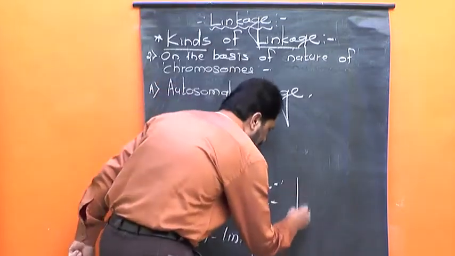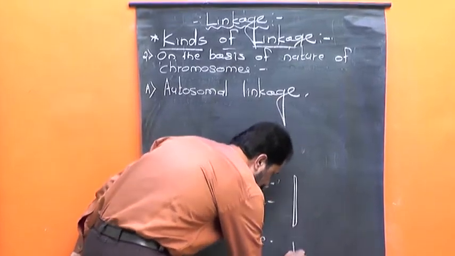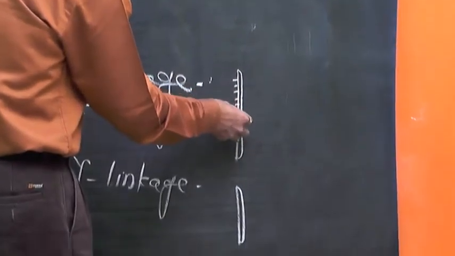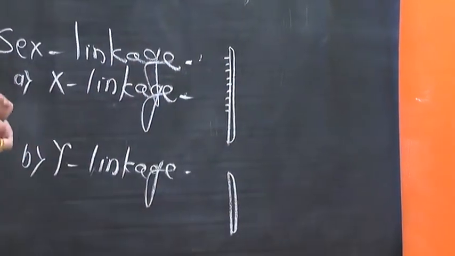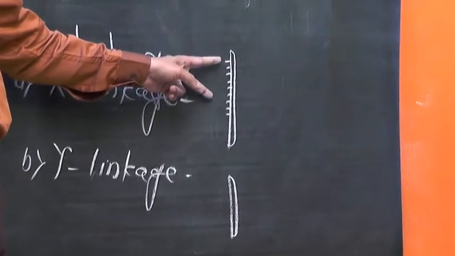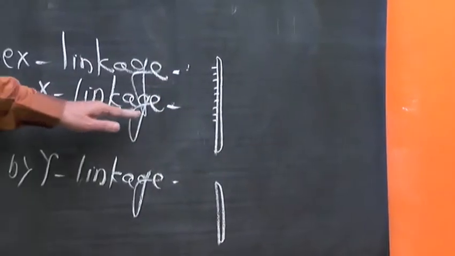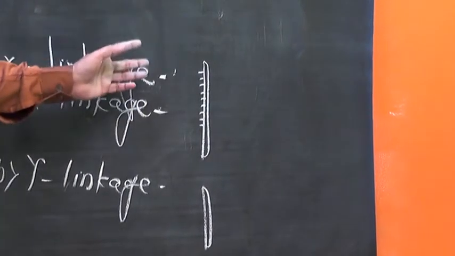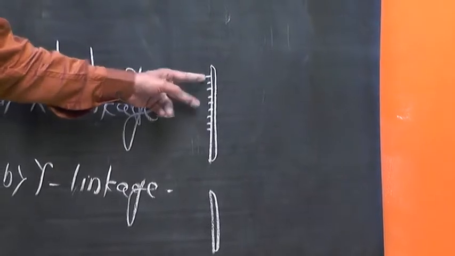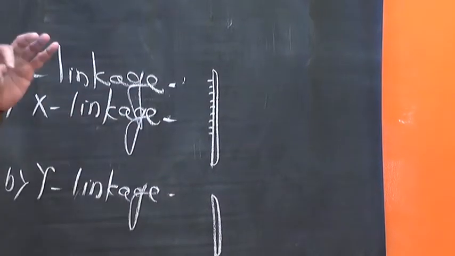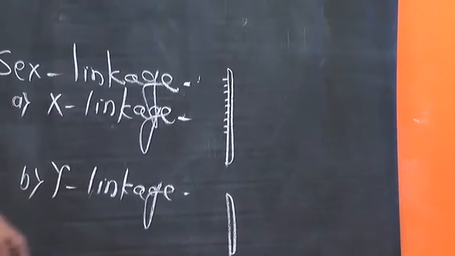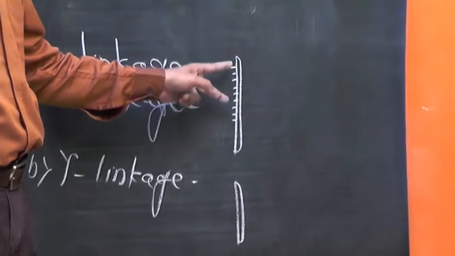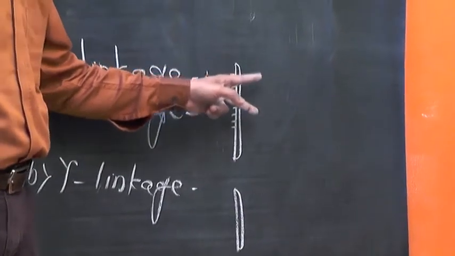Suppose here is the X chromosome, here is the Y chromosome, and the genes present mostly on the non-homologous part of X chromosome shows X linkage. X क्रोमोझोमचा जो नॉन होमोलॉगस पार्ट आहे, थोडा वेळापूर्वी आपण पाहिलं, त्या नॉन होमोलॉगस पार्टवर असणारे जी जीन्स असतात ते कंप्लीट लिंकेज दाखवतात आणि अशा क्रोमोझोमवर असणाऱ्या जीन्सला एक्स लिंक्ड जीन्स असं म्हणतात.